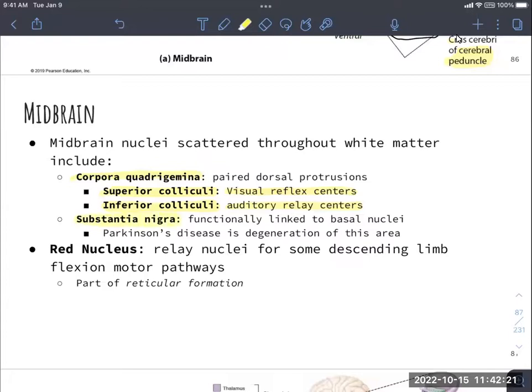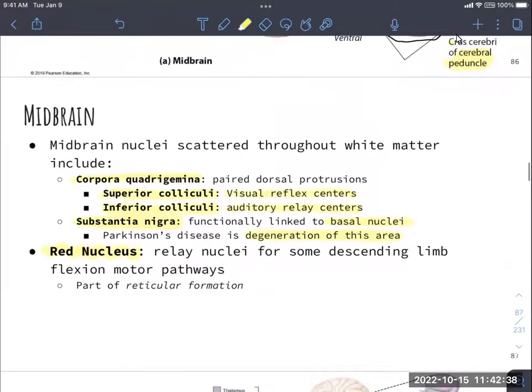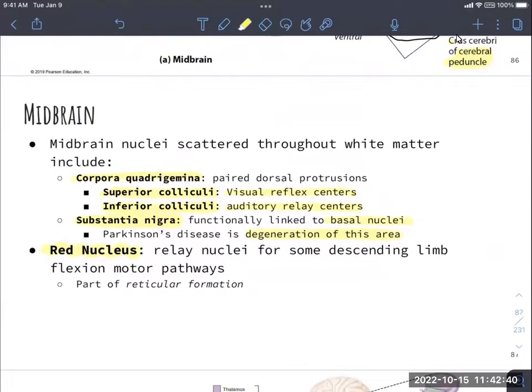That substantia nigra is linked to the basal nuclei. So in Parkinson's, they have degeneration. We have a red nucleus. That red nucleus has descending limb flexion motor pathways.